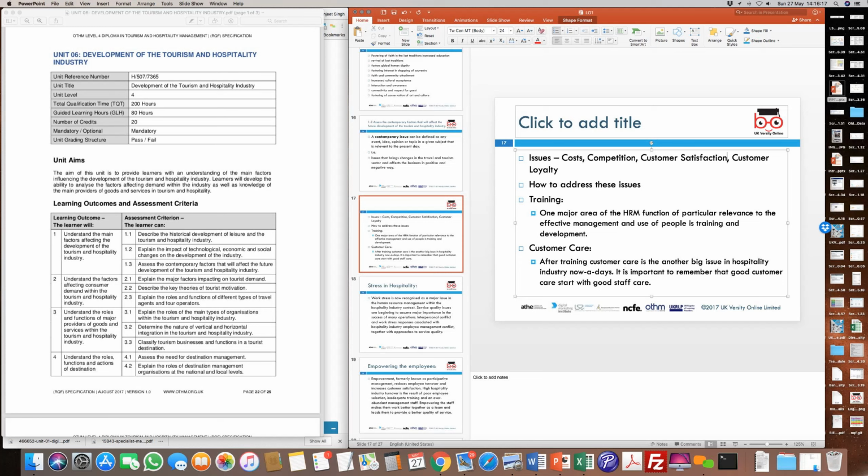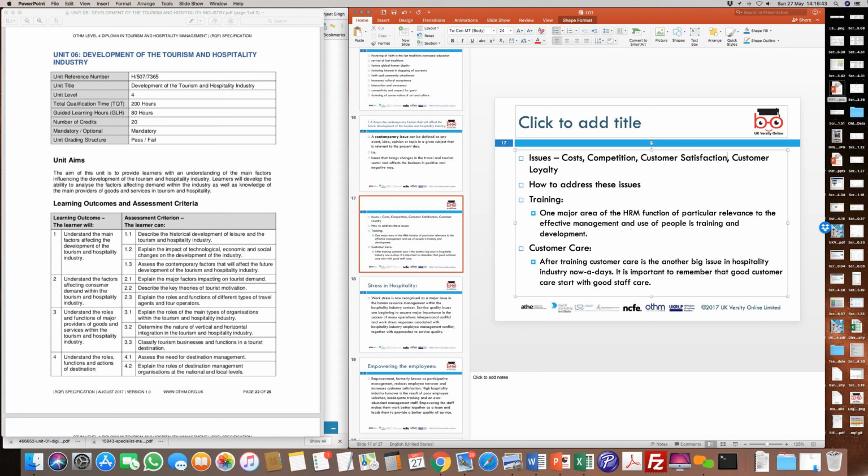Okay. The last one that we will look at would be customer loyalty. Now, all players in the industry primarily look at developing customer loyalty, and the reason why they do that is because they want the same customer to come back to them again and again. So there are lots of loyalty schemes, the hotel chains, for example, and when you look at the airline industry, they have air miles and things like that.